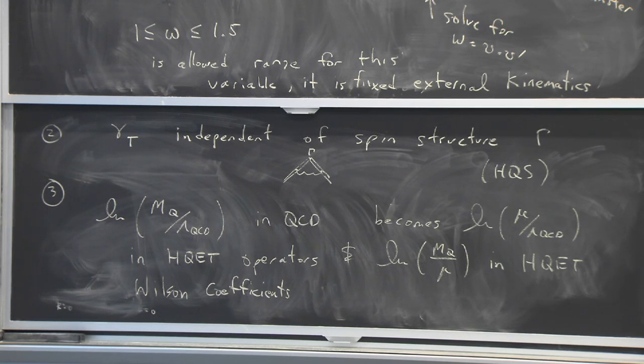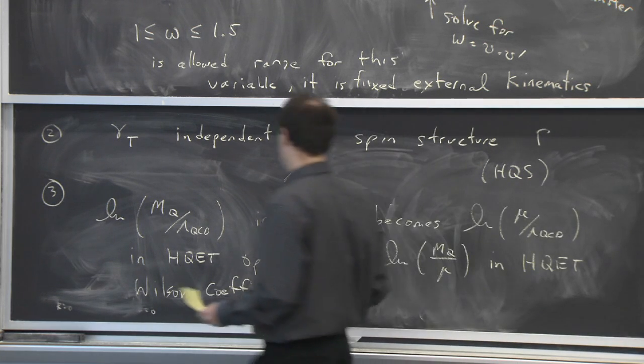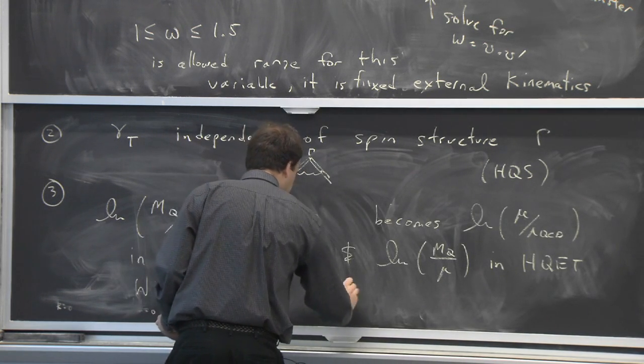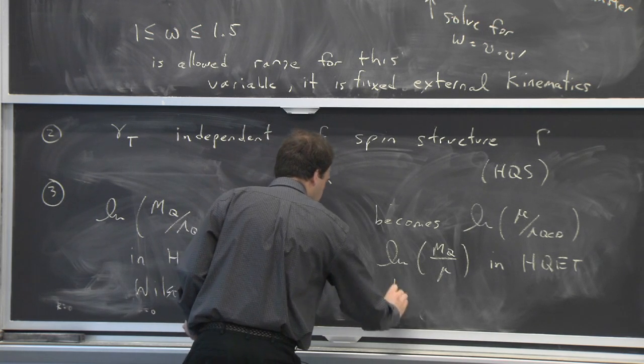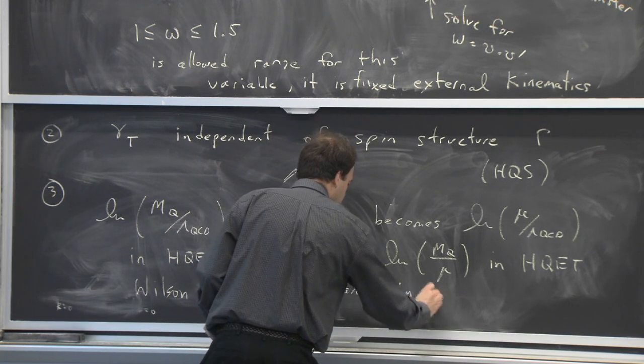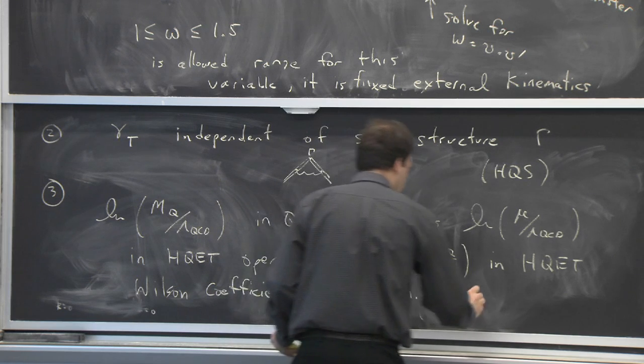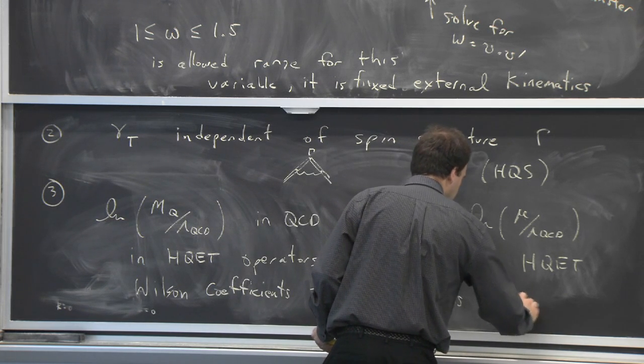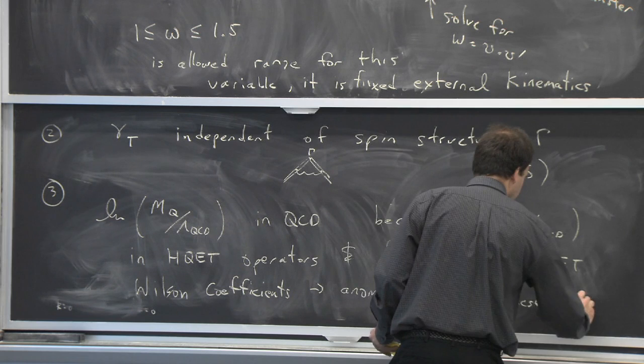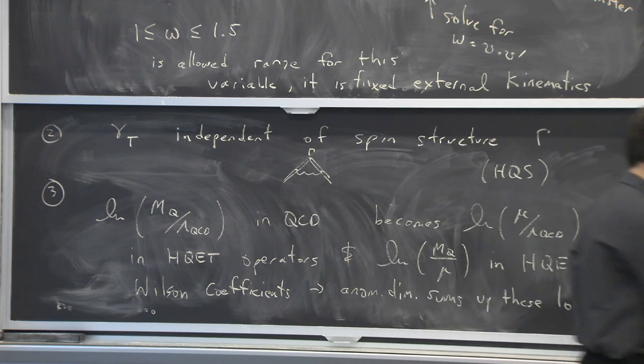And the anomalous dimension that we calculated sums up those logs, and summing up those logs involves a non-trivial function of this w. But we actually know exactly the non-trivial function because we can calculate it.